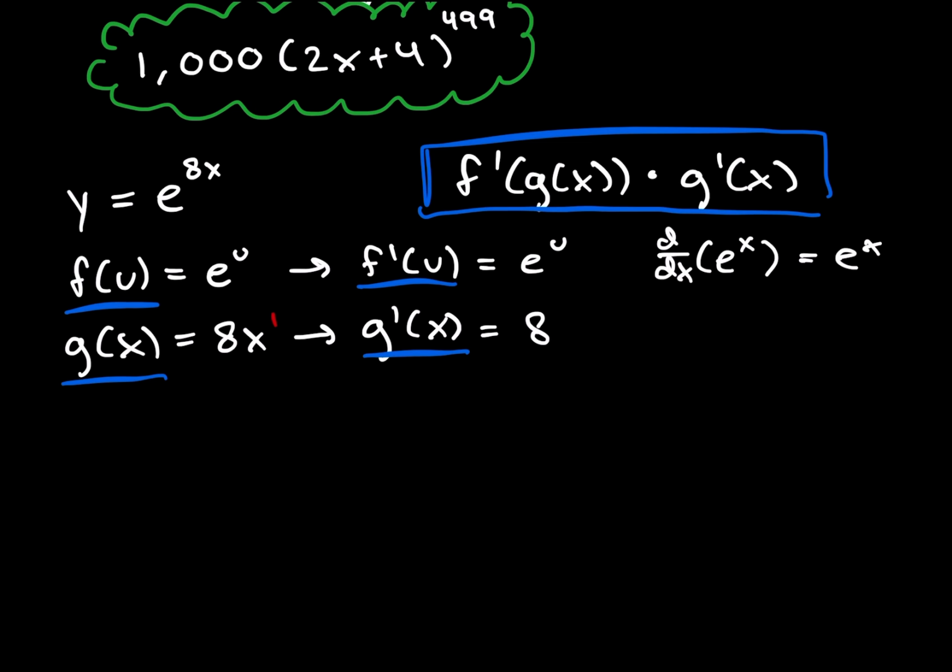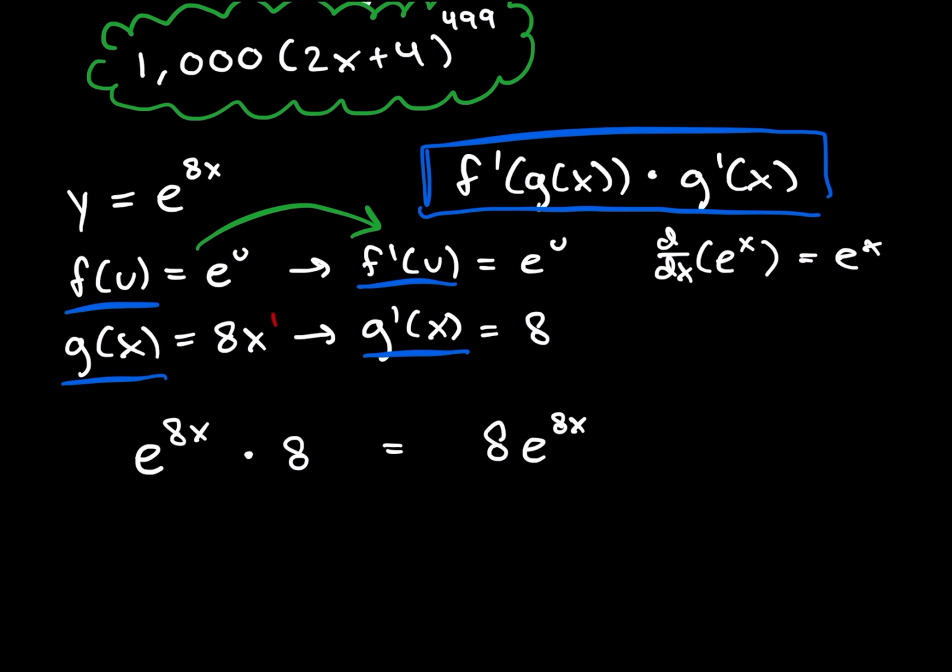And I say original because the derivative is the same, but it would be, as is written, the derivative of the original equation with respect to u. So this will be e, and our u we plug in g of x for. So e to the 8x times the derivative of g of x, which is 8. And this turns out to be 8 times e to the 8x.